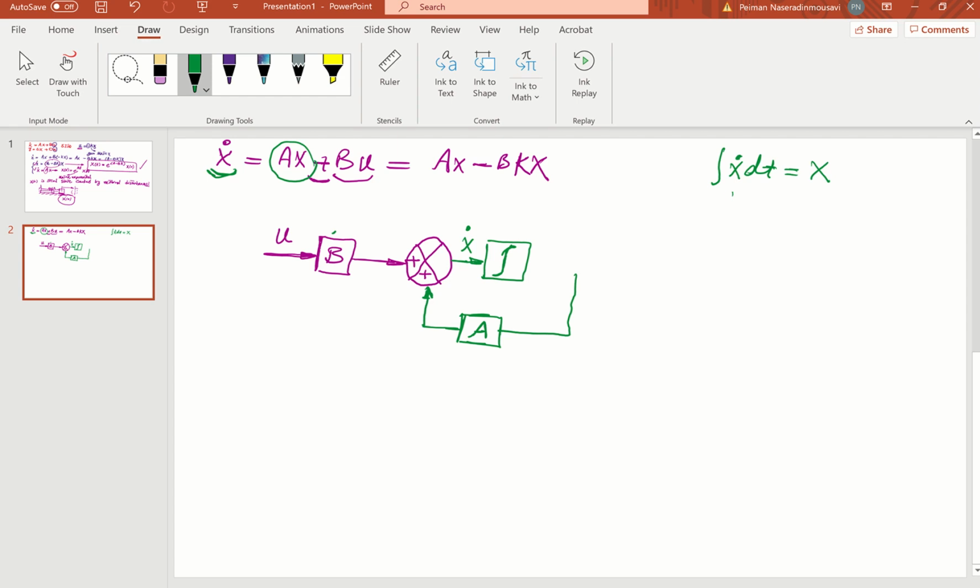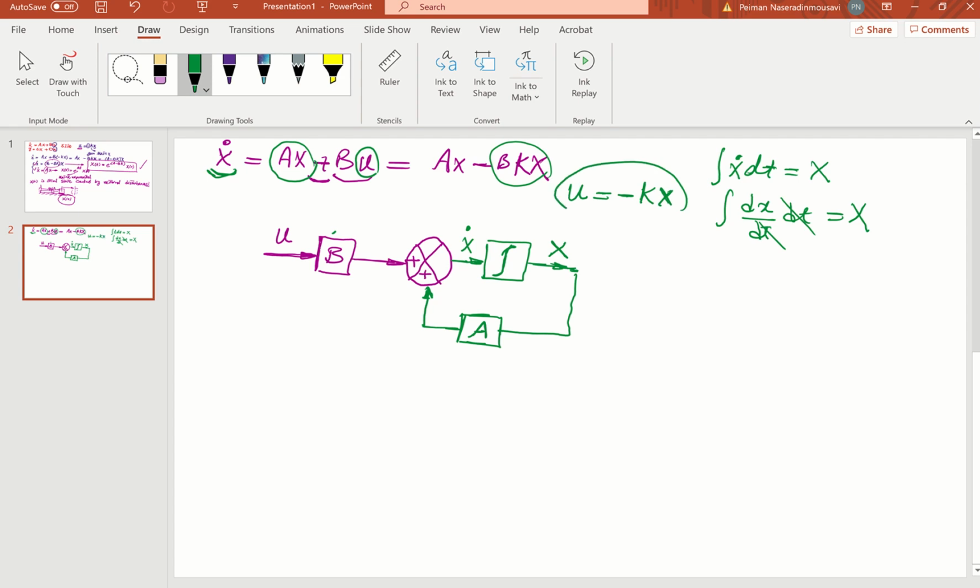Why? For those of you, it is dx over dt times dt. The integral of dx is x, obviously. So this output gives you x. So we made this, but your u, as you see here, we said that u is the state feedback, minus Kx.